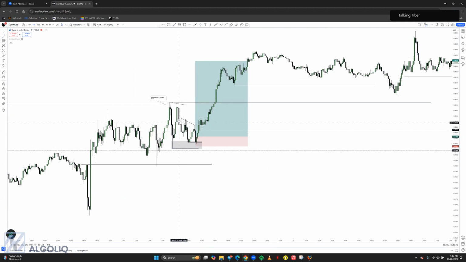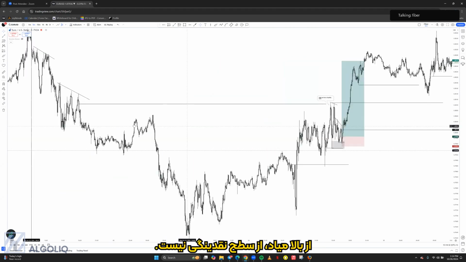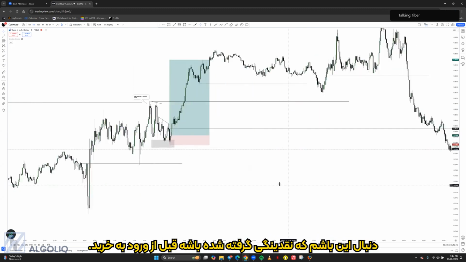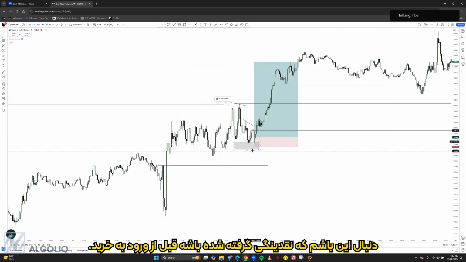Then I have price giving a retracement, keeping in mind that the point where price is coming from above is not from a liquidity level, which means this high is a weak high. Now, I just have to look for a possible liquidity taking before I engage in the buy.